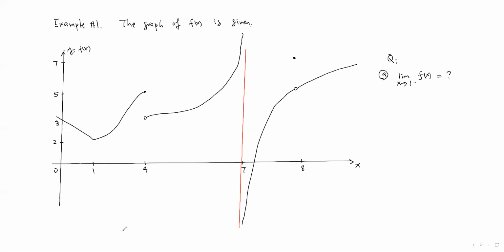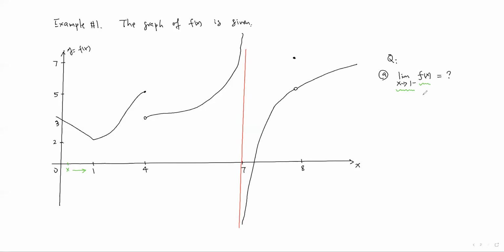Now to answer this question, x approaches 1 from the left hand side. So x is on the left side of 1, say x is here. Now x is closer and closer to 1 from the left side. What is f of x?